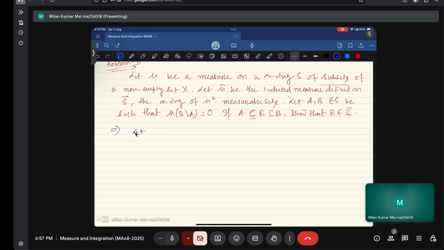Mu star is actually the same as mu on S. It will be the same. Okay.